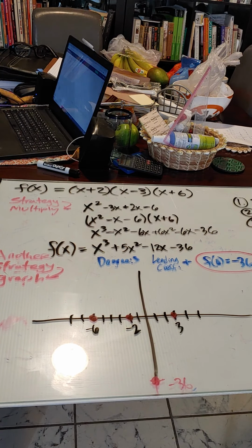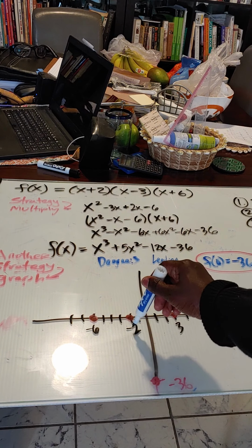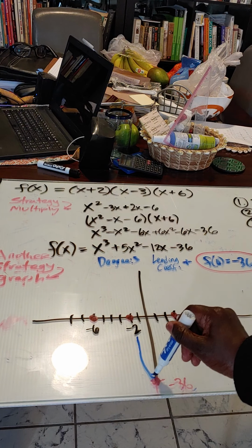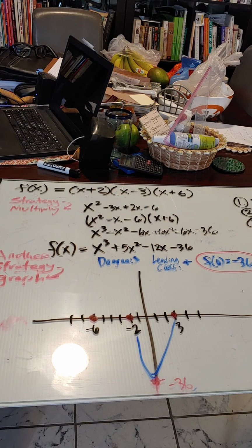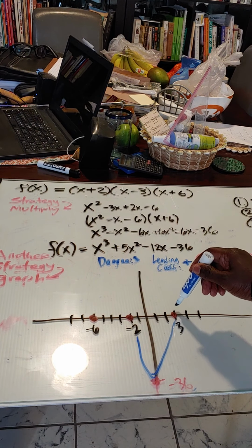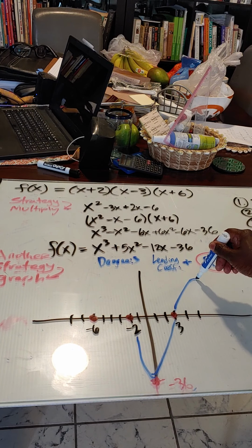And so our next step, so I know that what's happening between negative 2 and 3 is something like this. That function is doing something like this. And so that means I can go like this.